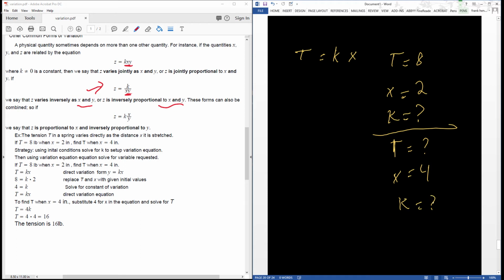So what we can do is plug in the first situation. We know the first two variables. We can solve for k, so we get a model for the equation, and then we can find T. So I can plug in here: 8 is equal to k times 2. So that tells me that k will be equal to 8 divided by 2, which is 4.